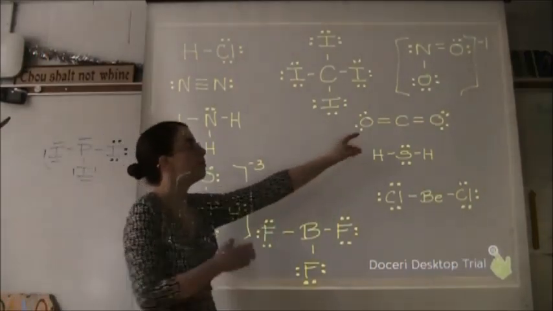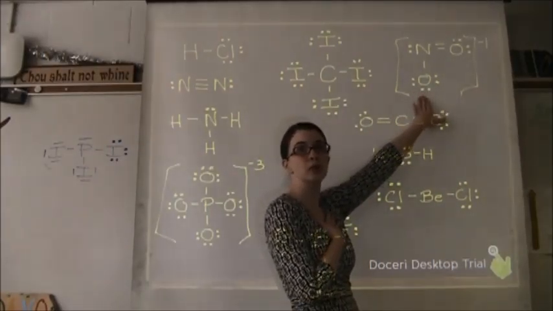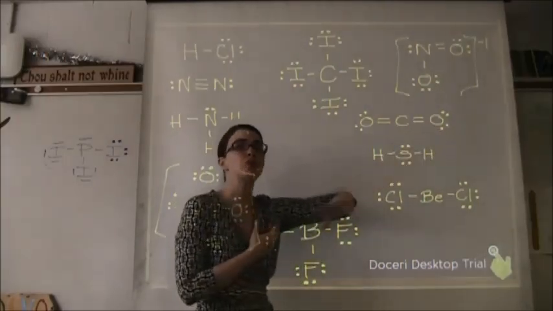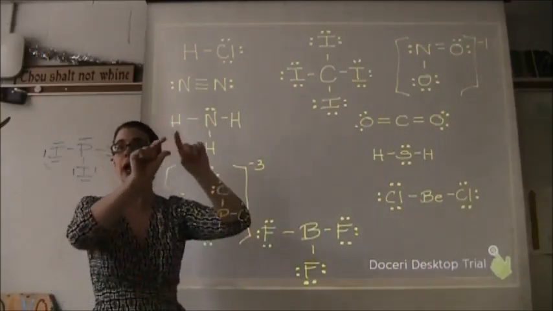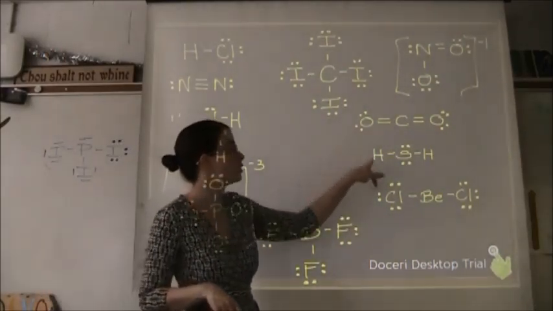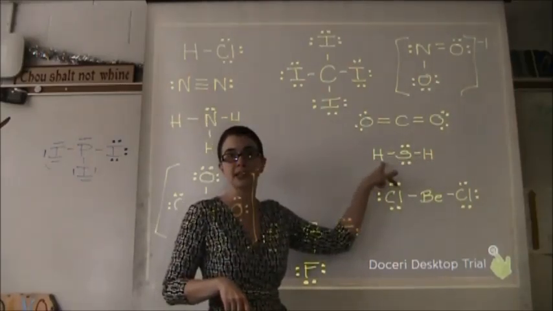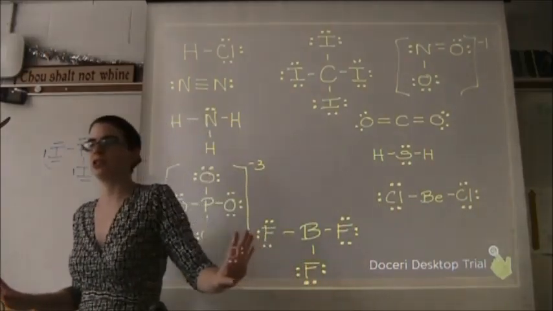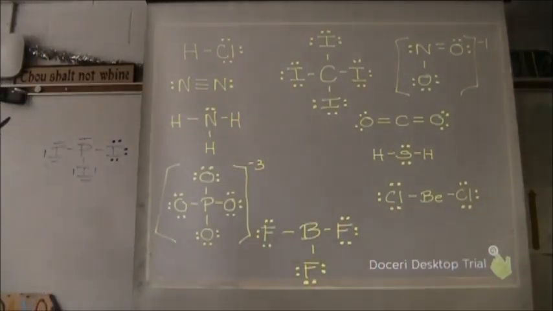For example, my NO2 Lewis structure, I drew in an upside down L shape. You didn't have to draw it that way. You could have drawn it straight across, like I drew this one straight across. You might have drawn yours in an L shape. It doesn't matter. As long as you have the correct number of dots and lines, you're in good shape.